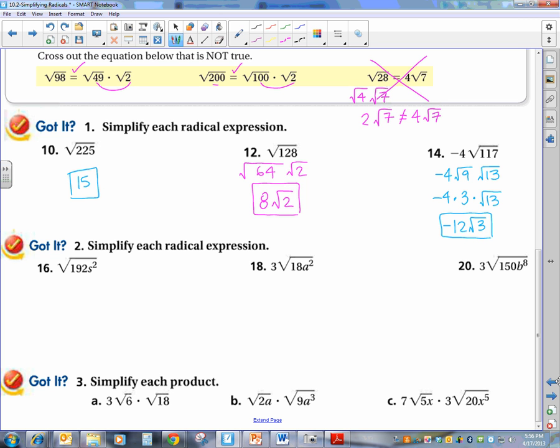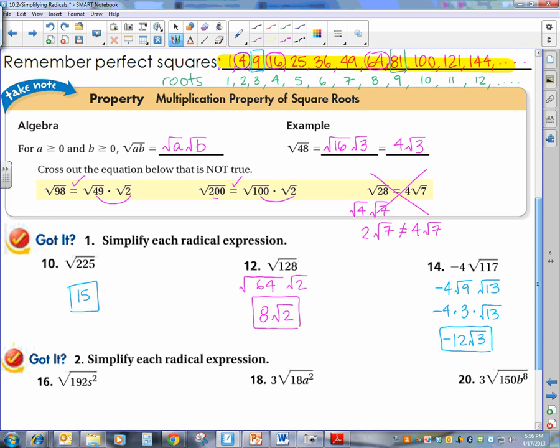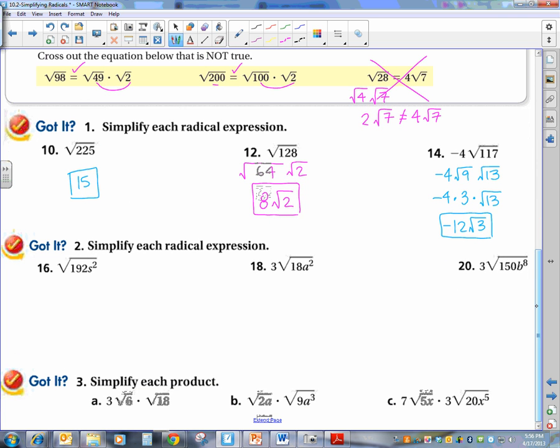So on the first one, square root of 192, it's an even number, so I'm going to try 4, and then I'm going to try 16, and then I'm going to try 64. So 4 went 48 times, so I'm going to try 16. And that goes 12 times, so now I'm going to try 64, and that went 3 times.